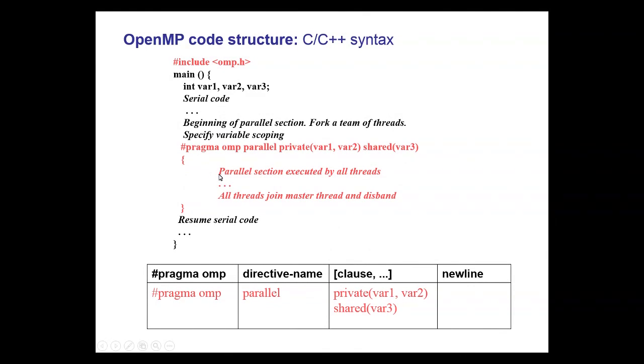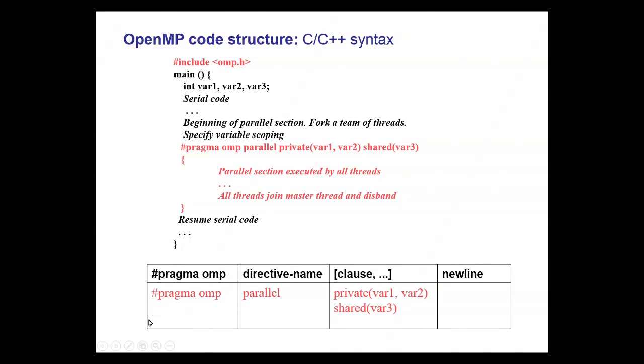This part will then be run by multiple threads. At the end, all threads join the master thread and do the synchronization. And after that, your code comes back to sequential code. So it's always like a partially parallel solution.